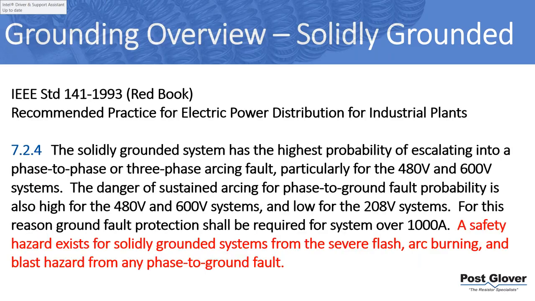As we can see here, IEEE talks about in their Red Book, basically you have a safety hazard exist. What we're talking about here is typically an arc fault can create itself in about 2 to 3 cycles. That's typically not fast enough, or too fast, really, I should say.